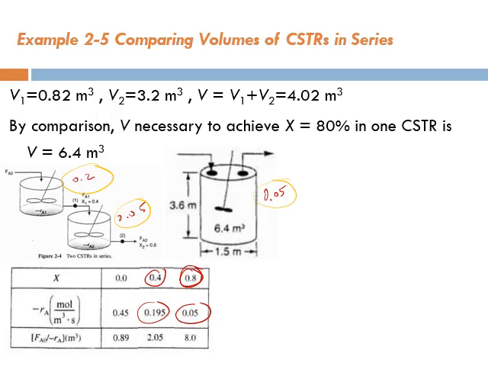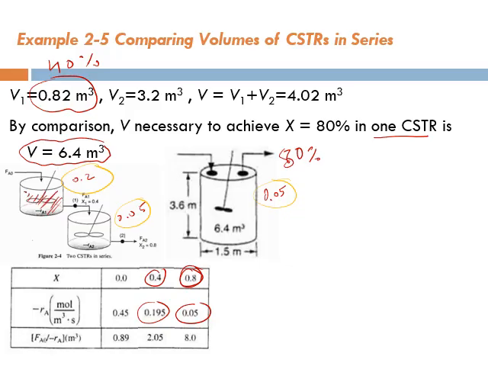So higher rate of reaction requires less volume, but this comparison is not really fair yet, because you will tell me, yeah, I know that this volume is less compared to this volume, because in the first reactor I'm only achieving 40%, while in one single CSTR, I'm achieving 80% conversion. This is only 40% conversion, this is 80% conversion. So obviously this volume will be less.